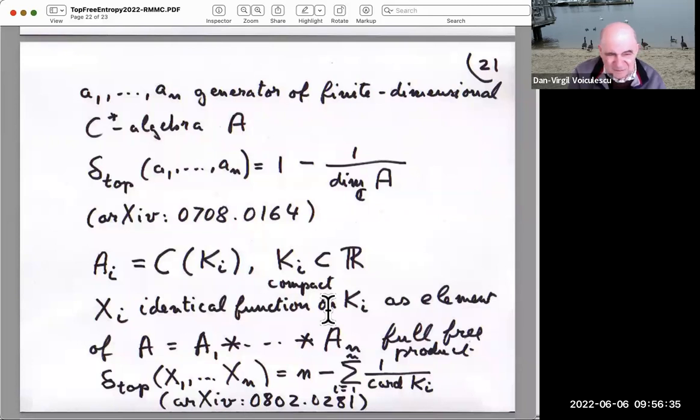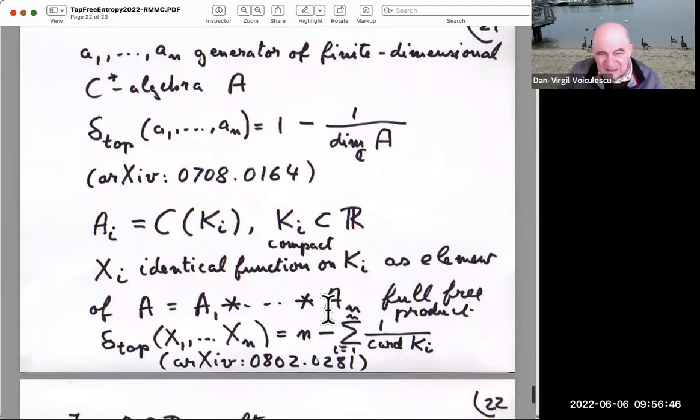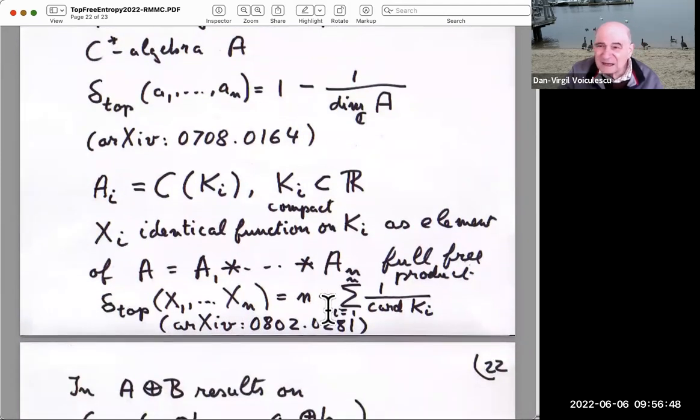Then the topological free entropy dimension is n minus the sum of 1 over the cardinals of Ki. So if the Ki are infinite sets, their cardinals are infinite, so 1 over them gives 0.